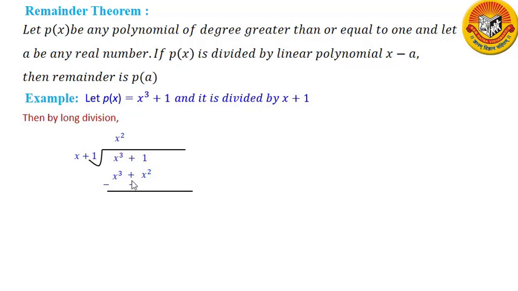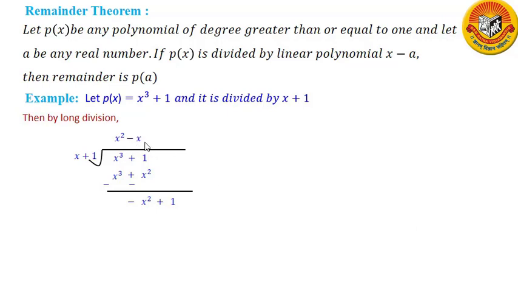And here I have minus x square plus 1. Now in the next step, we divide this minus x square by x. So when I divide this minus x square by x, I will get minus x.